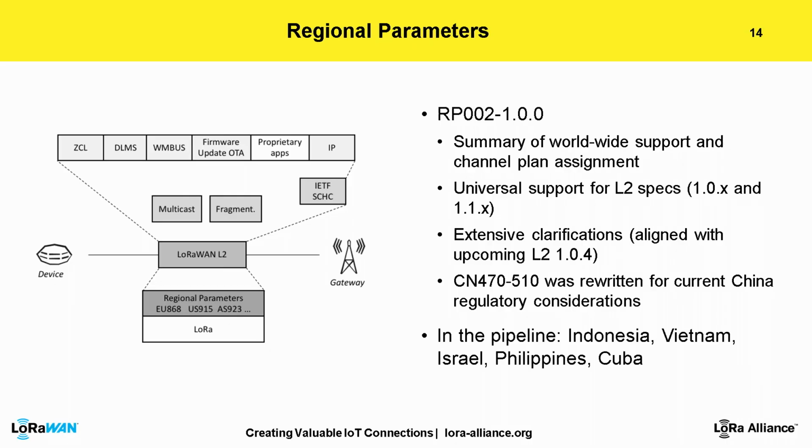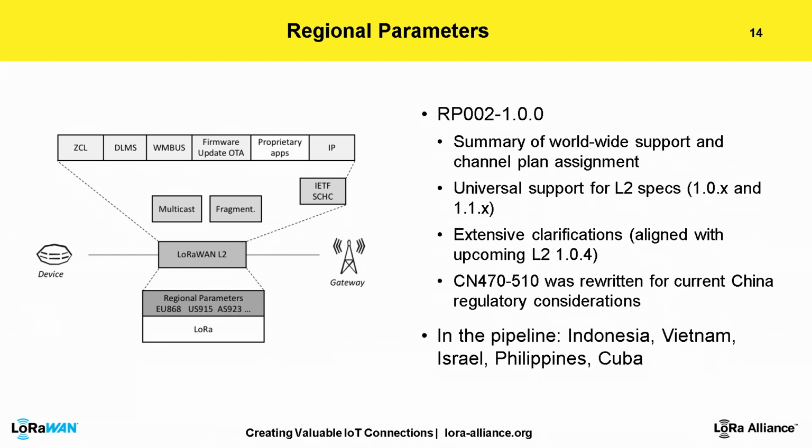And the regional parameters. We have published the regional parameters document RP002. What is significant about that document is it provides one common regional parameter spec that is applicable to any current and past versions of the layer 2 spec.